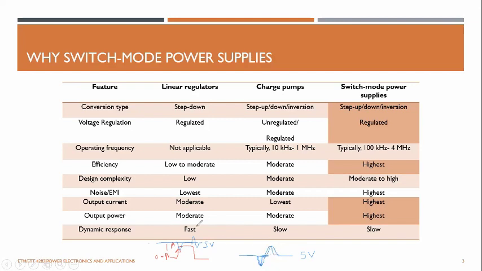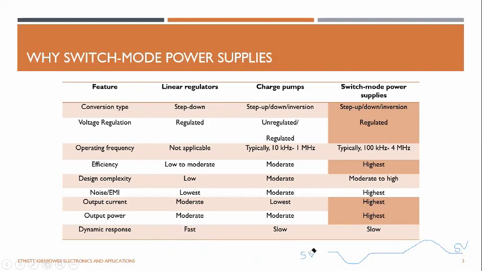Linear regulators always provide a fast transient response. If you've done the simulations I have asked you to do, you can compare their responses. The switch mode is very slow, which means when you switch the load on, it takes a lot of time to recover, and when you turn off the load, it takes some time to recover back to your desired voltage, right?